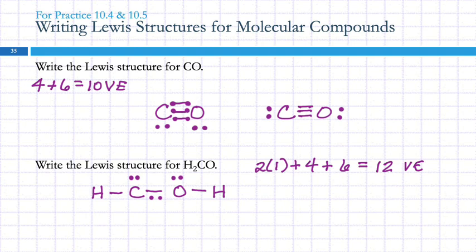So I'm going to move a lone pair from carbon between these guys and make that another bond. Now this carbon has 2, 4, 6, 8, and oxygen has 2, 4, 6, 8.